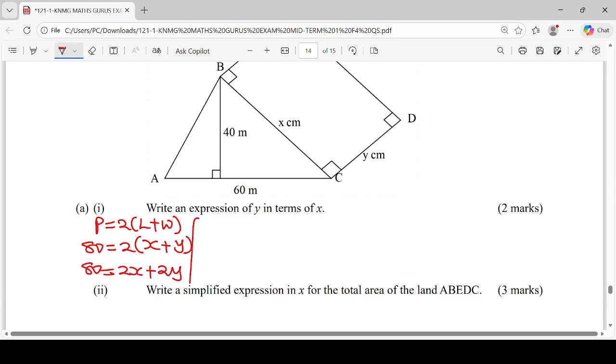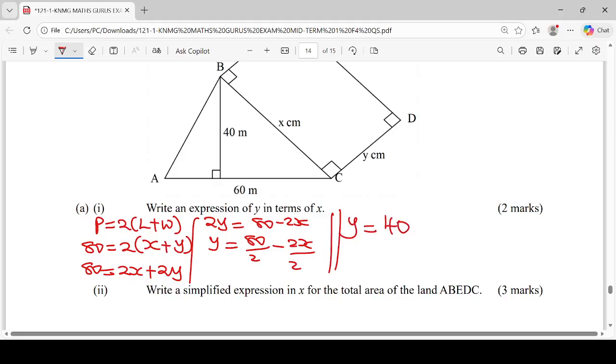To write Y in terms of X, I need to make Y the subject of the formula. So 2Y is equal to 80 minus 2X, and I divide both sides by 2. So Y is given by 80 over 2 minus 2X over 2. The expression of Y in terms of X is Y equals 40 minus X.